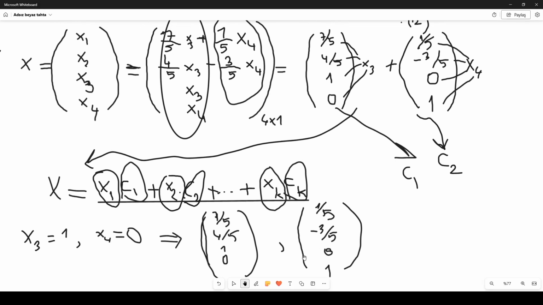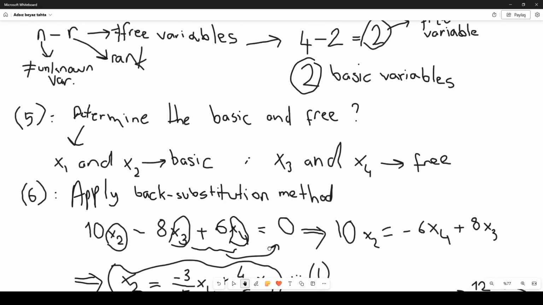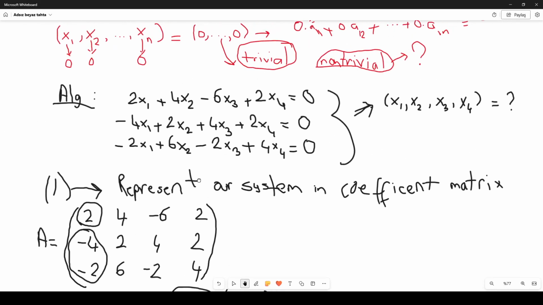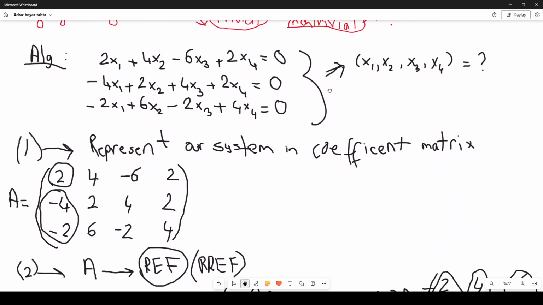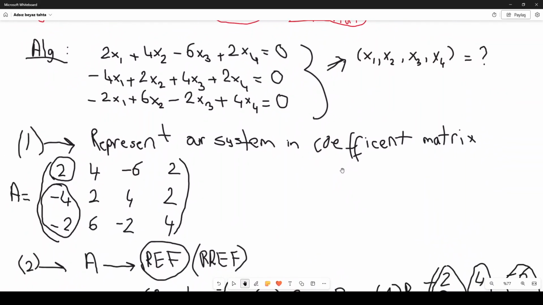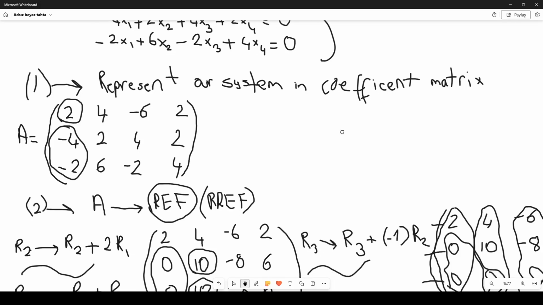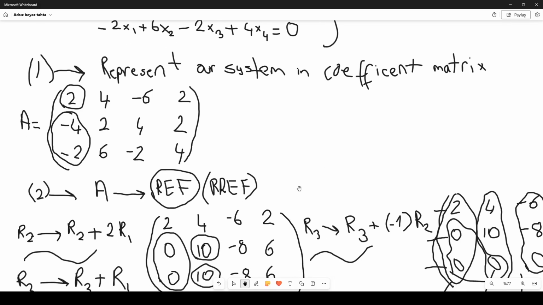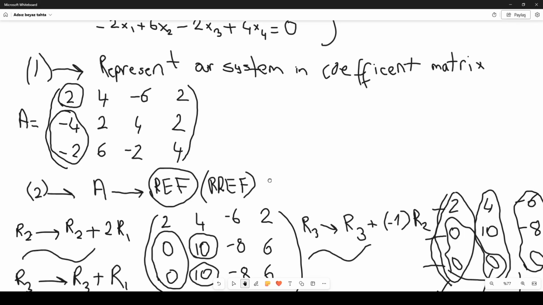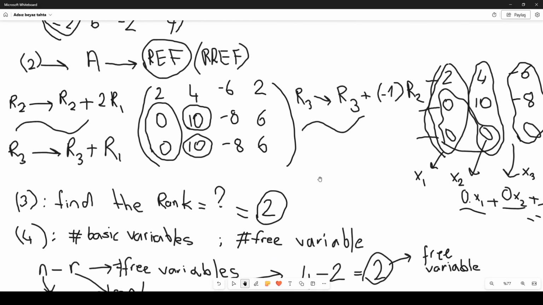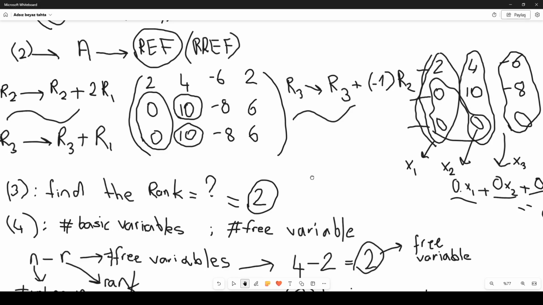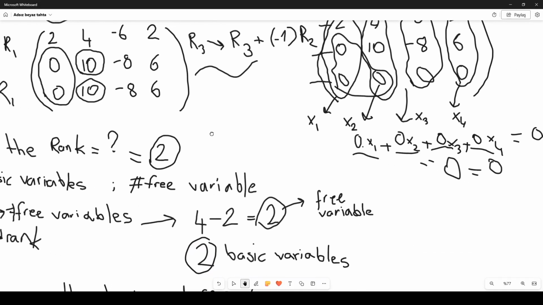And there is some terminology here. Let's recap our algorithm again. If we are given a homogeneous system where all the right-hand side values are equal to 0, the first thing to do is to represent our system in the coefficient matrix form, and then apply one of the well-known techniques, either Gaussian elimination or the Gauss-Jordan method, to reduce our coefficient matrix into either row echelon form or reduced row echelon form.